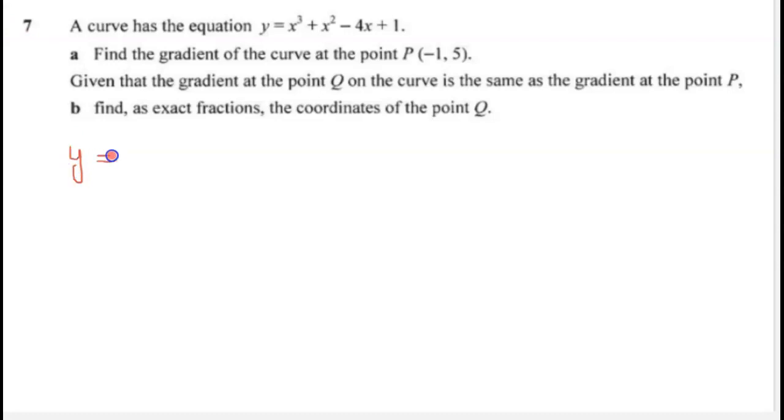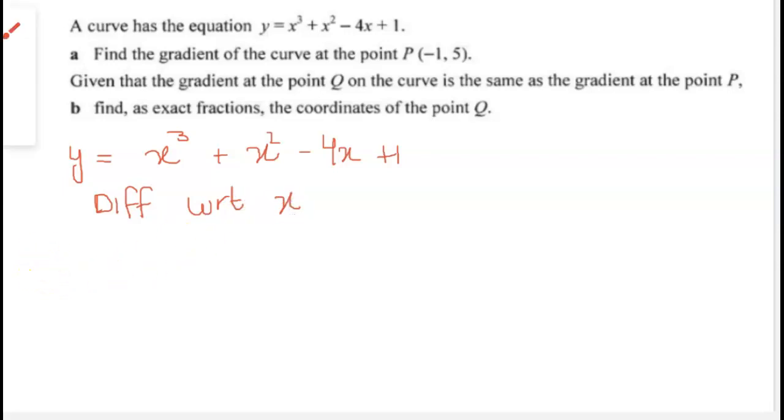So y equals x cubed plus x squared minus 4x plus 1. Now we need to differentiate. Obviously you need to write here differentiate with respect to x. And then you need to do differentiation.